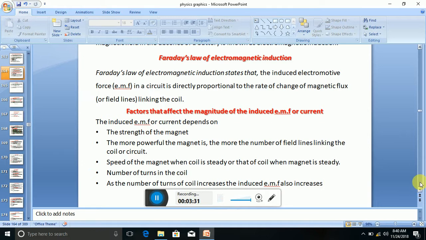So the three factors that we've looked at are: one, the strength of the magnet; two, the speed of the magnet when the coil is steady, or that of the coil when the magnet is steady; and three, the number of turns in the coil.